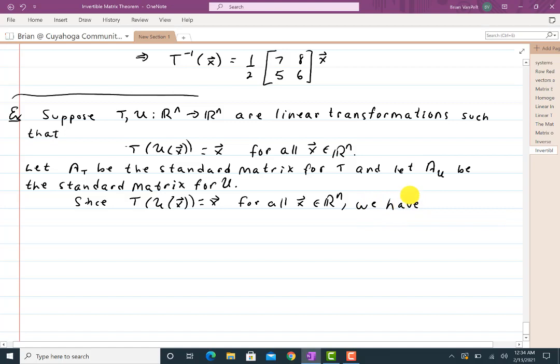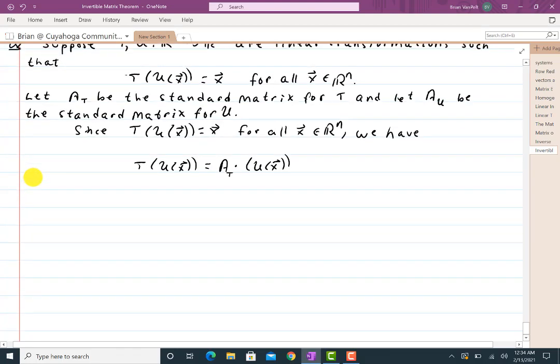we have T of U of x equals A_T times A_U x, which equals x.